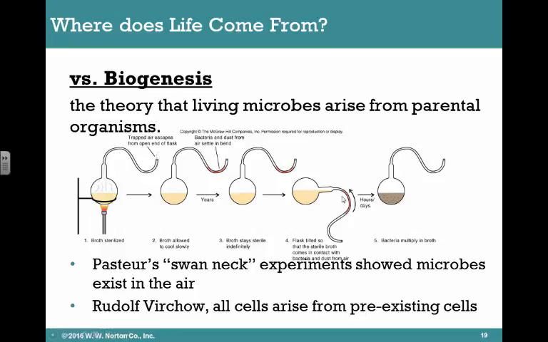But he found if he tipped the flask and allowed the broth to come into the swan neck, or if he broke off the swan neck, then just a matter of hours or days later, he would get a cloudy broth that was full of life. And so this was really the beginning of the understanding that all living things arise from pre-existing life, the theory of biogenesis. And later that was extended to all cells arise from pre-existing cells by a Russian investigator, Rudolf Virchow.